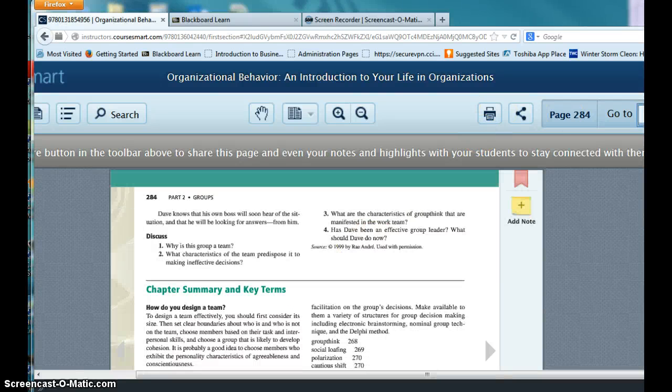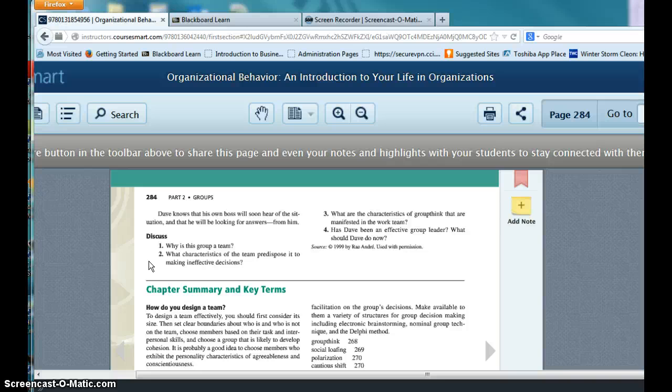So when you look at these questions related to the case, the first one is, why is this group a team? And when you read through chapter 9, page 243 gives a specific definition of a team and explains what makes a group a team. So you'll want to refer to that information.